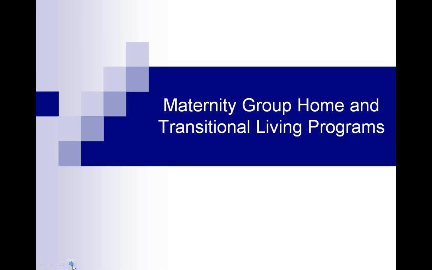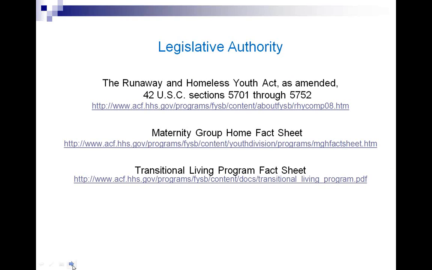And I will just go over briefly, I've provided some links to the Runaway and Homeless Youth Act legislation, which gives legislative authority for Family and Youth Services Bureau to provide programs for youth 16 to 22 through transitional living and or maternity group homes, so that would include pregnant and parenting youth.